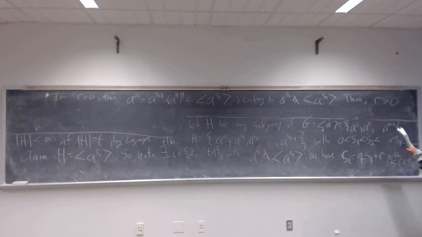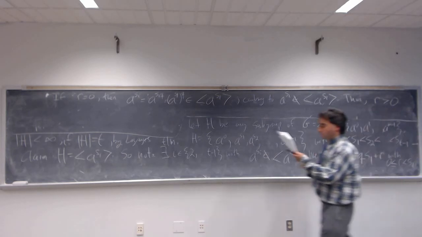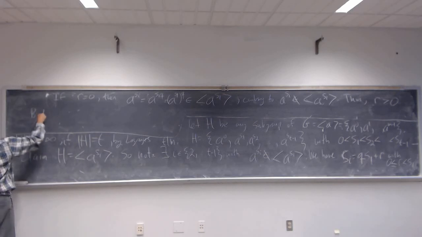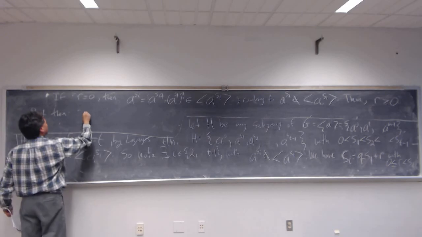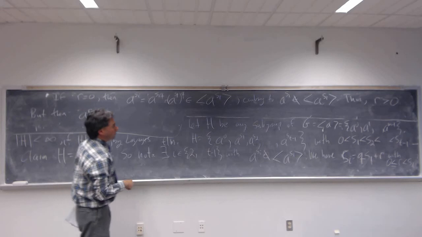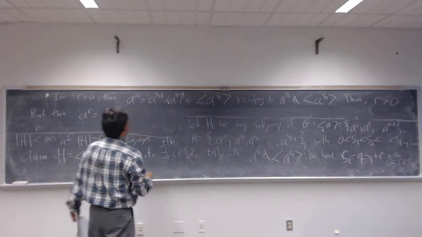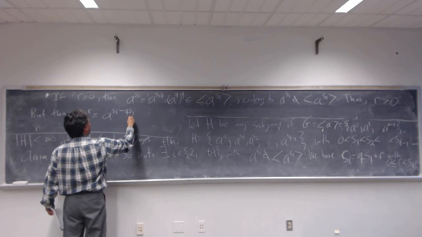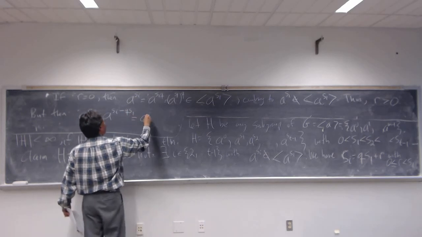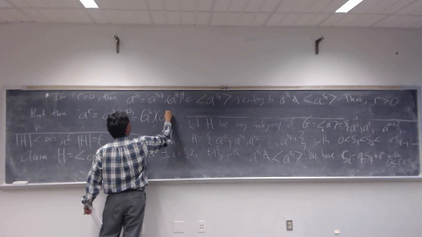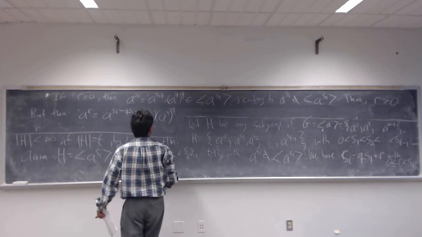Thus, R would have to be positive. But then, in such a case, a to the R would be a to the Si minus QS1, which would basically be a to the Si times a to the S1 to the negative 1.